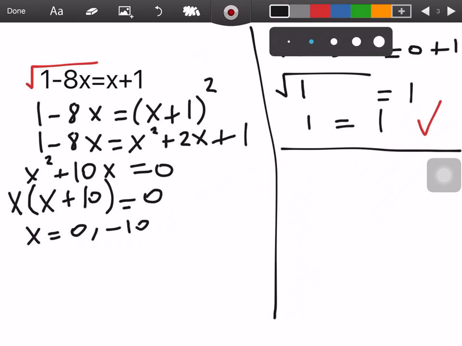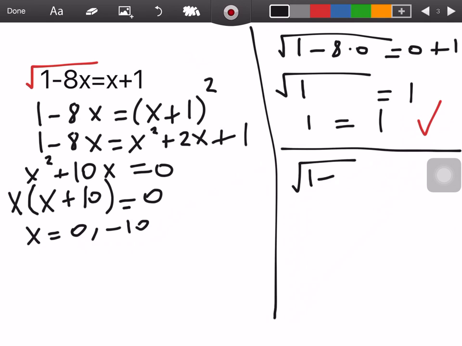So next, we're going to try minus 10. So square root of 1 minus 8 times minus 10, which is equal to minus 10 plus 1, which will give you minus 9.